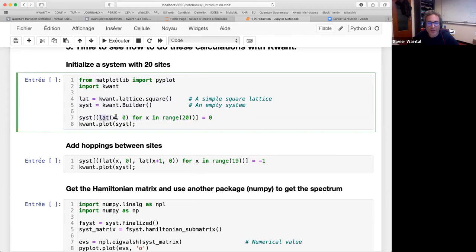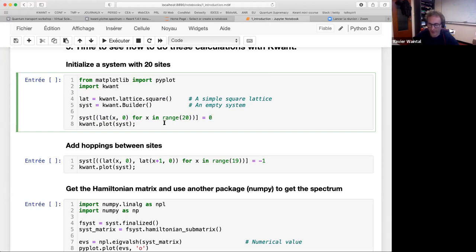So if you give to a square lattice 2 indices, it gives you back a site. And I create it for all possible x in a range of 20, which means 0, 1, 2, 3, 4, up to 19. So you see Kwant will actually loop through all these sites and put them into the system and assign the corresponding diagonal part of the Hamiltonian to be 0.